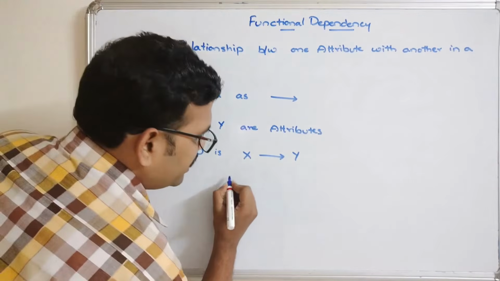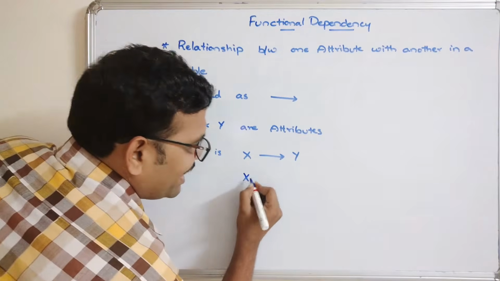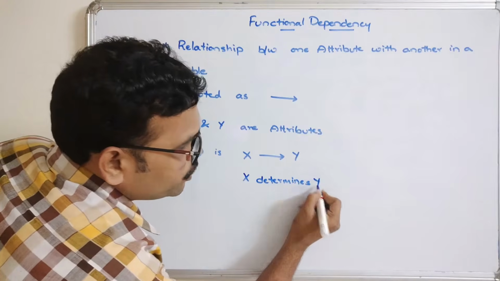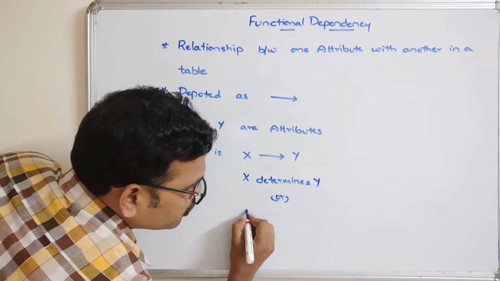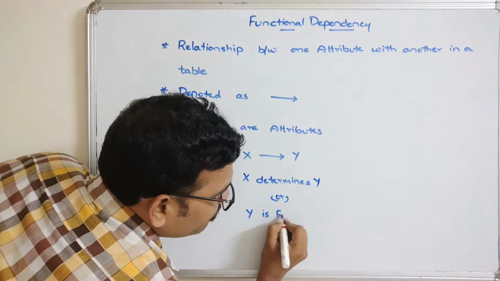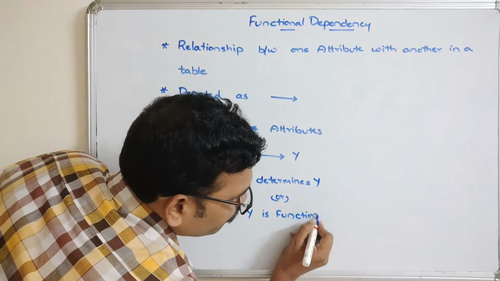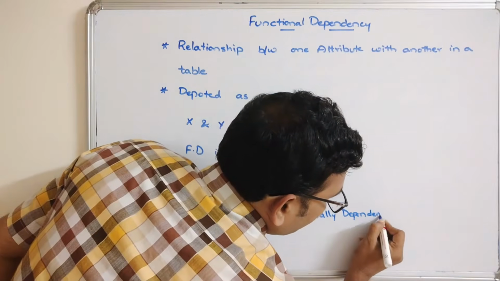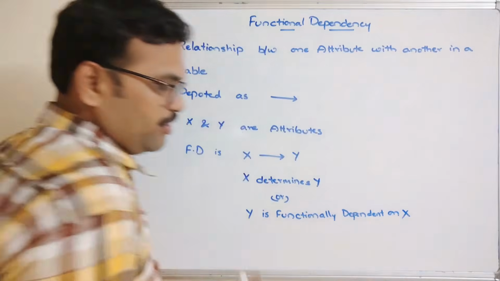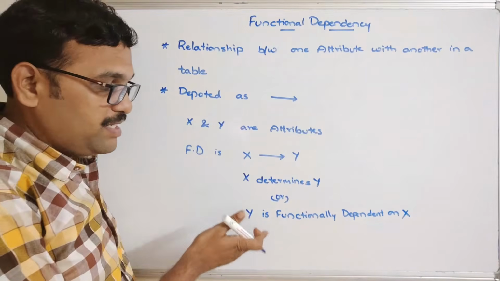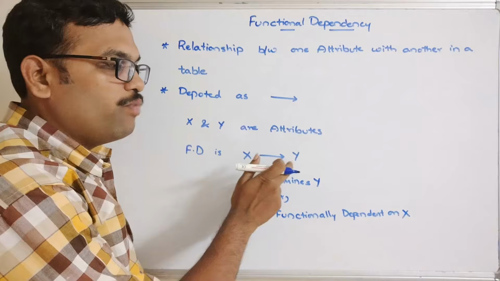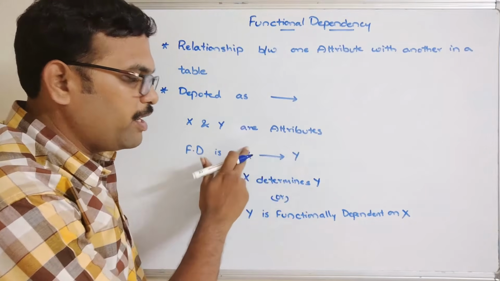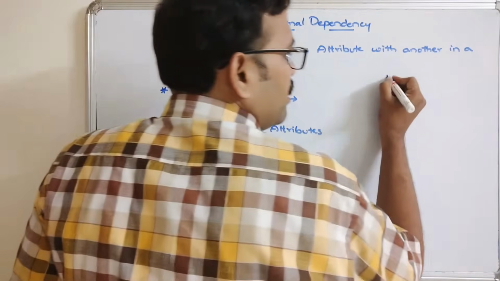That implies x determines y, or we can also say y is functionally dependent on x. So this is the conclusion. If you represent x tends to y, that implies x determines y, or y is functionally dependent on x, right?